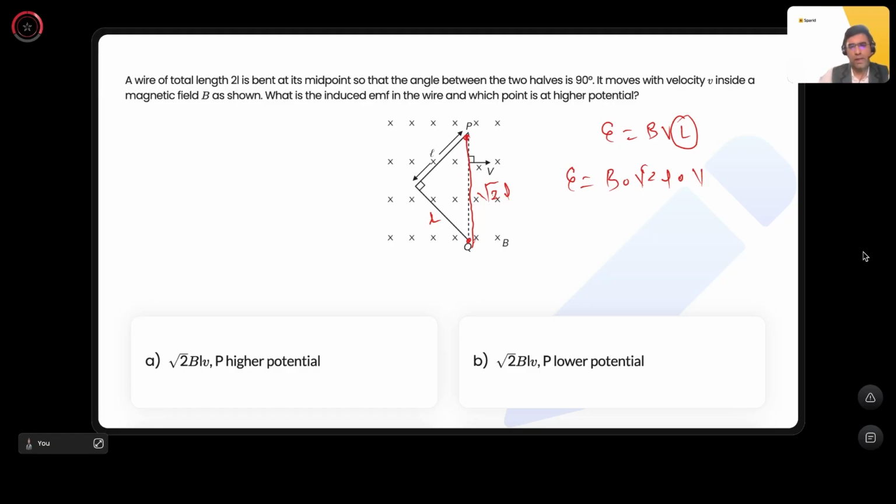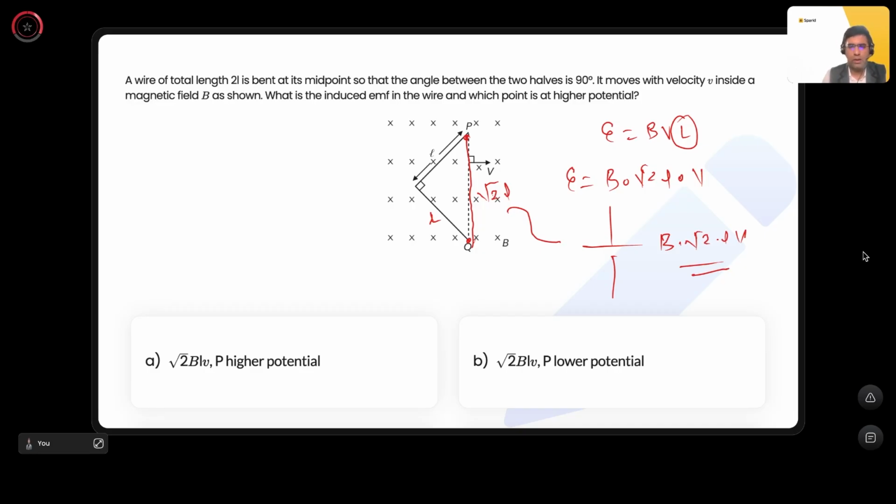So magnetic field is like this, current is like this. So the higher potential will be at point P and lower potential will be at point Q. So it will act like a battery like this, and its EMF will be B into root 2 into L into V.